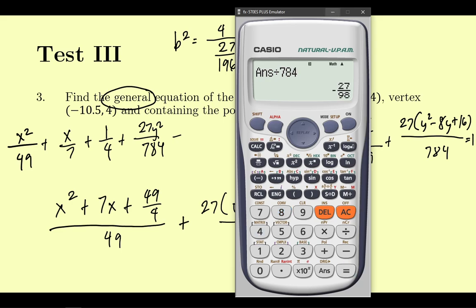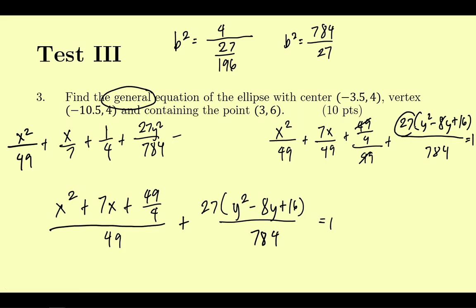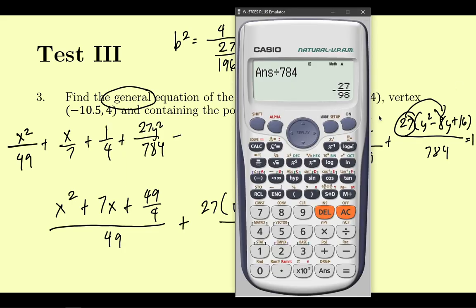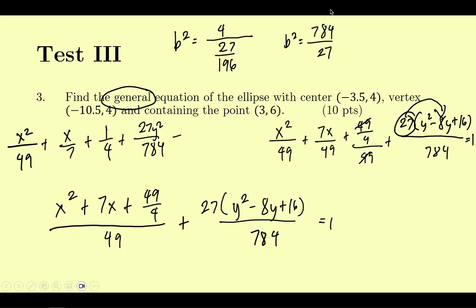Ayun, negative 27 over 98. So, if you're going to distribute this one kay negative 8y and simplify that, divide by 784, you will get this, negative 27 over 98y.